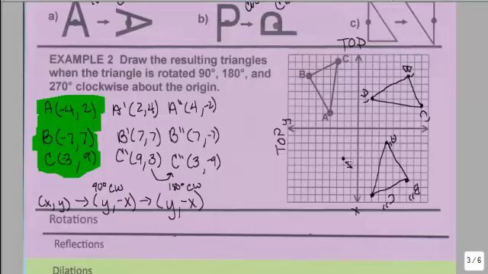And that is A triple prime. 4, 5, 6, 7, 2, 3, 4, 5, 6, 7. This is B triple prime. And then 8, 9. This is C triple prime. And then connect your dots.